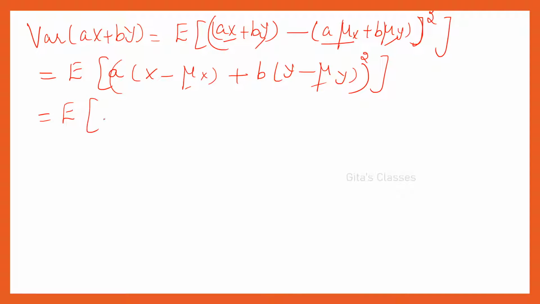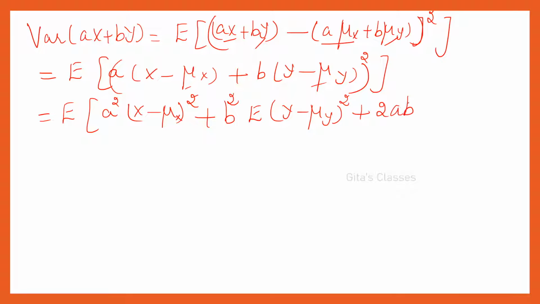So expectation of a squared into (x minus mu x) the whole squared plus b squared into expectation of (y minus mu y) the whole squared plus 2ab into expectation of (x minus mu x) into (y minus mu y).